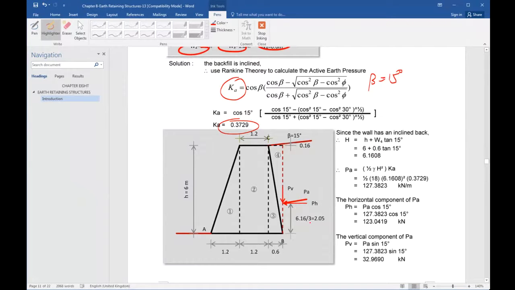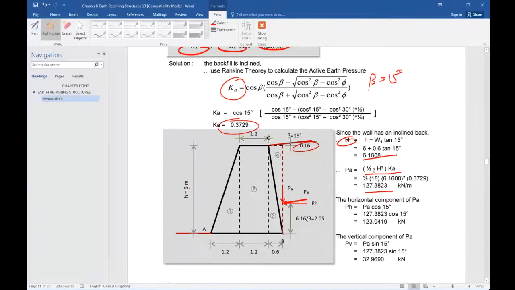And you have to work out this height, 1/3. Now, of course, it's not 6 meters, it's a little bit higher. You've got 6.16 meters, right? So the vertical height about the heel of the retaining wall is not 6 meters, it's 6.16 meters. Okay, that is your H. And then you work out the total force PA, so you get 127.38.